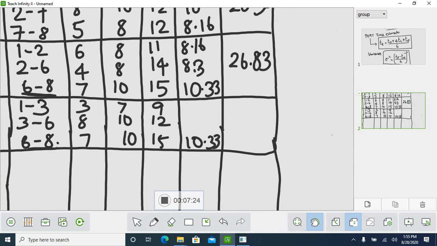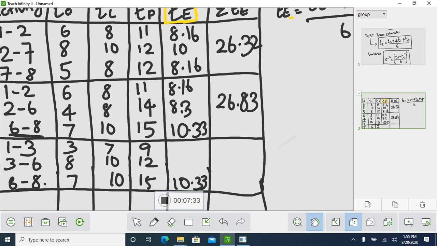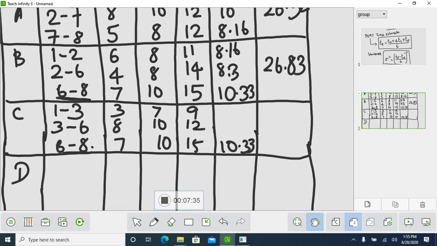Use the same formula, that is TO plus 4 times TL plus TP, divided by 6. What answer are you getting? Students, have you calculated? 3 plus 4 times 7 plus 9, divided by 6.